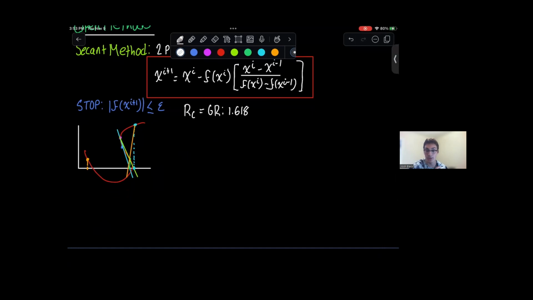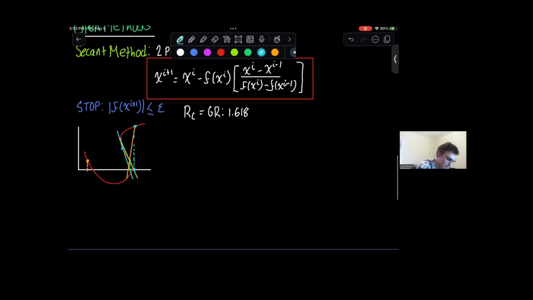Now, obviously, it's going to fail if we have two y values that look like this. So if we're looking at that equation, if between my two points they have the same y value, then we're going to fail because it's not moving.